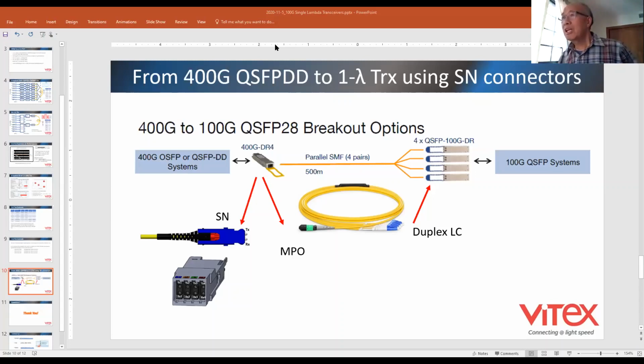There's a third question: is DR going to be the dominant single lambda, and how much adoption is FR getting? Well, the application is a little bit different. With FR, you talk about some distance, maybe 2 kilometers, and it's not as dense anymore. Also, there is a mux inside, so in order to break it out, you need an optical mux inside your breakout cable.